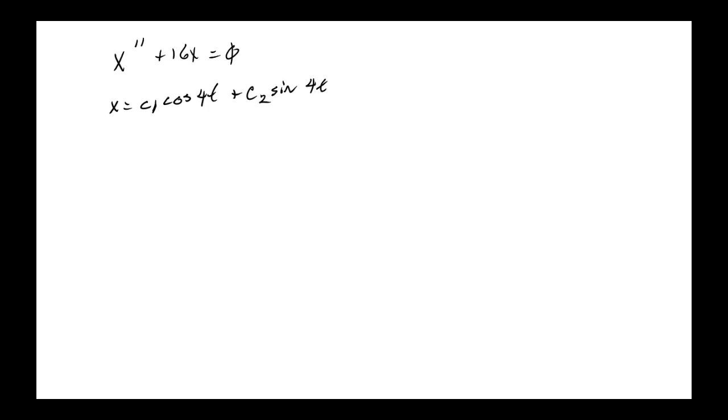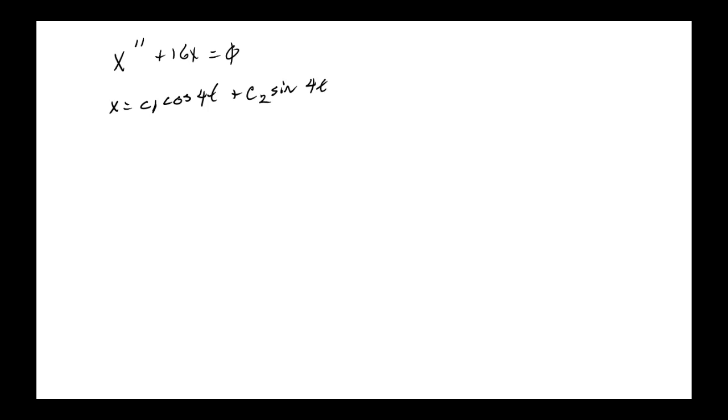Second derivative would be a minus 4 times 4, 16 c1 cosine 4t, minus 16 c2 sine 4t, which is exactly the opposite. Minus 16 times this one, so this one's with a minus, that one's with a plus, and they add to 0.